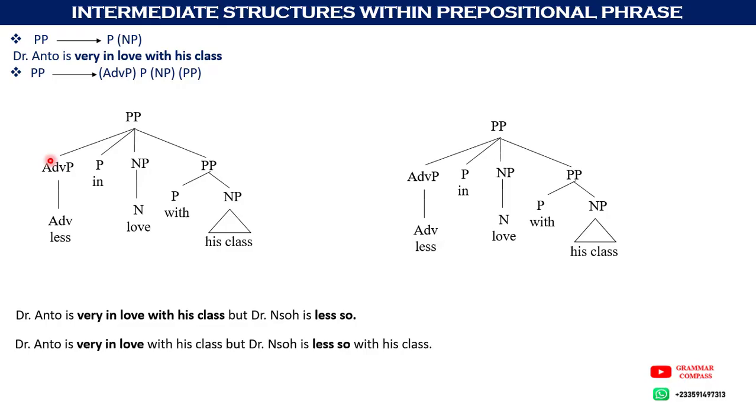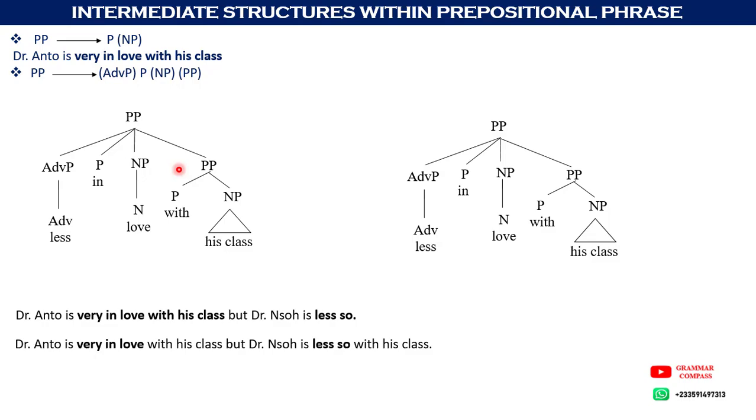The adverb phrase will be a sister to the head preposition, which is also a sister to the NP, which is also a sister to the PP "with his class." This is a flat structure. Can we test for intermediate levels or intermediate structures within this prepositional phrase? Of course, we can do that. Now, what is that intermediate structure?